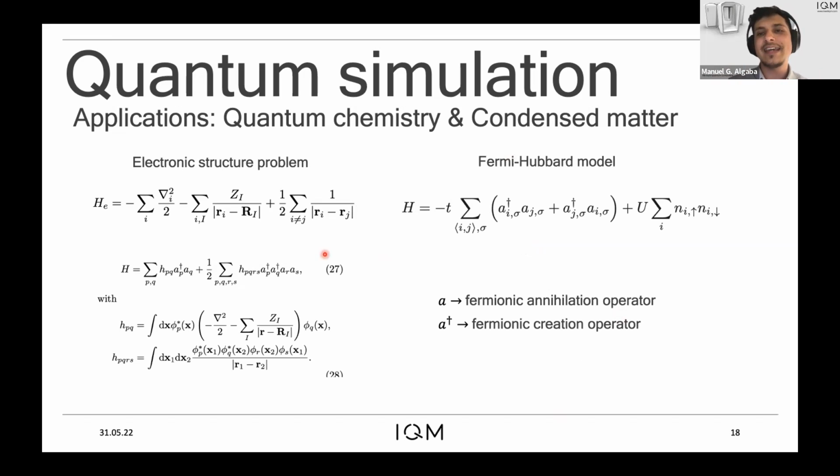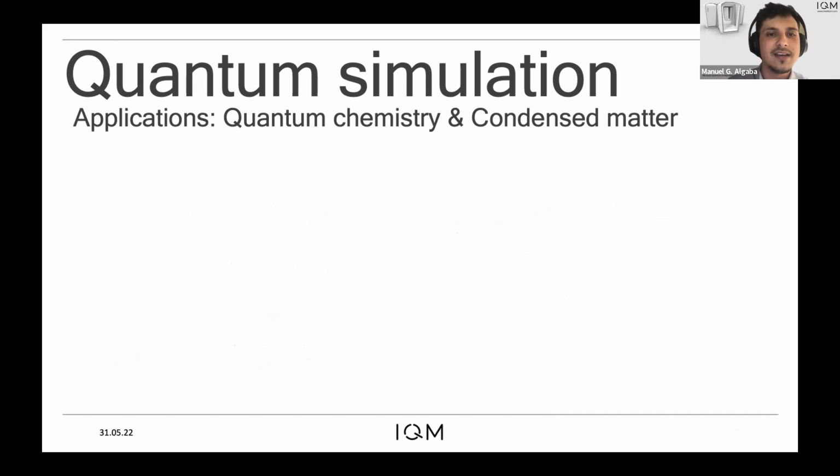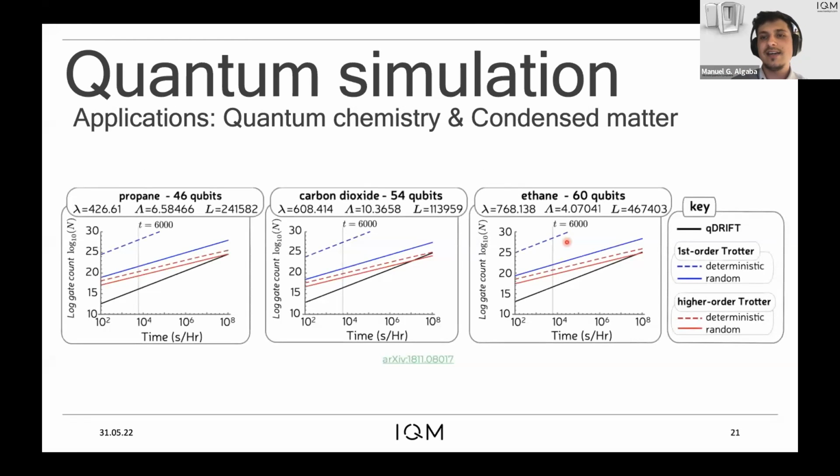So you don't end up with so many gates, and it is more suitable for NISQ devices. Indeed, if we take a look at the number of gates that you need in this work, for ethane you can simulate it with 60 qubits, and for the deterministic version of Trotter you need around 10 to the 25 gates, which is horrible. It's probably the nightmare for a person working on quantum computing.